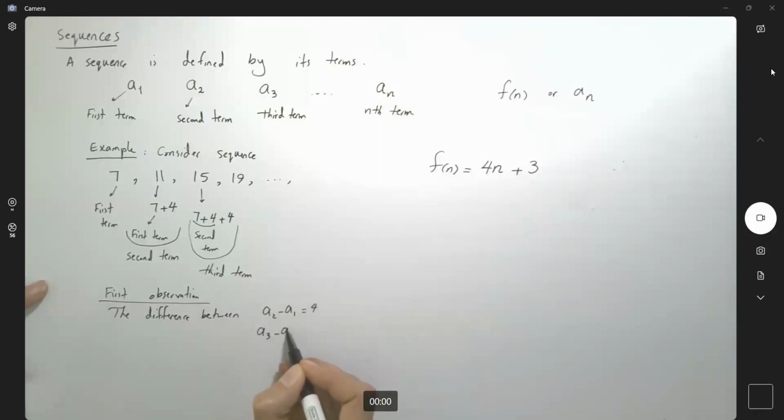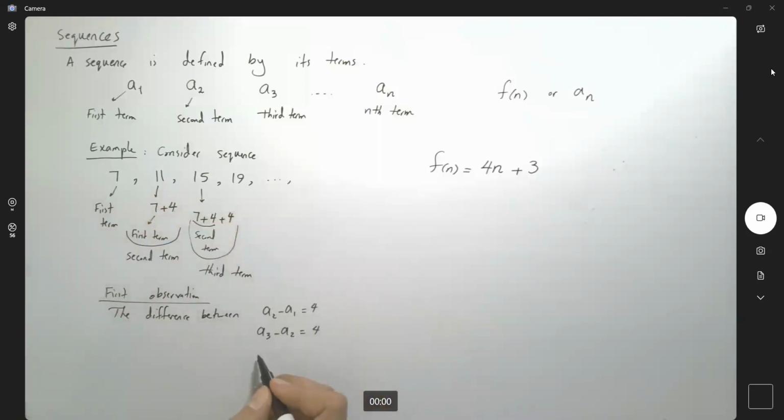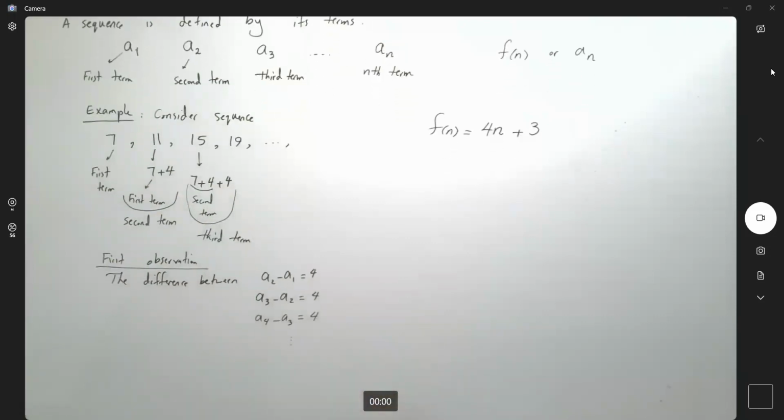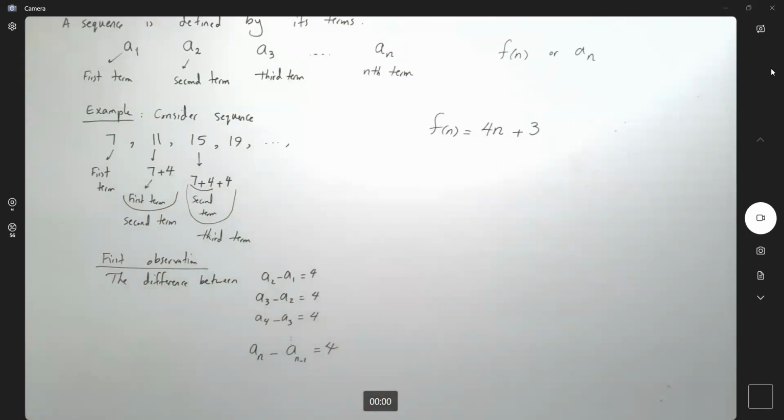A sub 3 minus a sub 2 is 4. If I continue writing the rest of the terms, a sub 4 minus a sub 3 is 4. In general, you can say that a sub n minus a sub n minus 1 is 4. This is showing that you have a common difference.